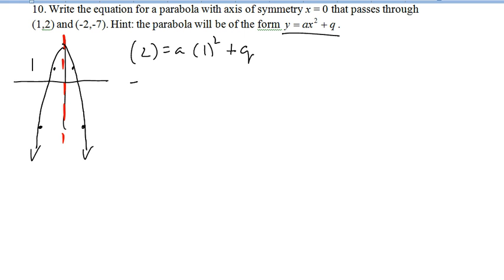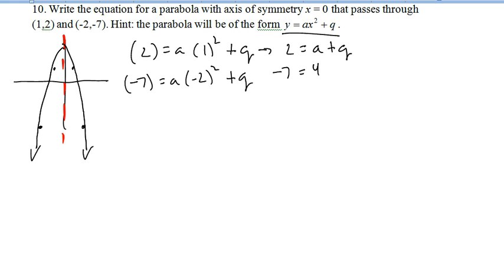And we have our second point. Let's just simplify those. So that's going to give me 2 equals a plus q, and -7 equals 4a plus q.